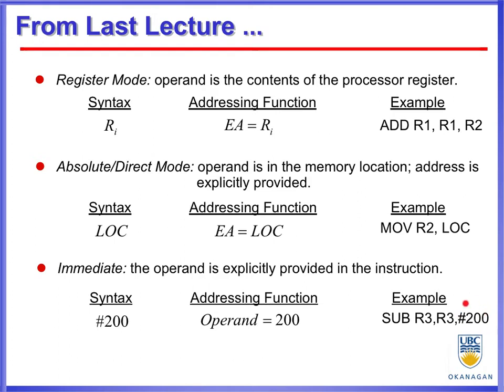Okay, so the operand here that we're thinking about is the number 200, and it's not in its own memory address, it's not in a register. It actually is in a memory address: the memory address that contains this instruction. Because remember, every instruction also lives in the main memory unit somewhere, okay?